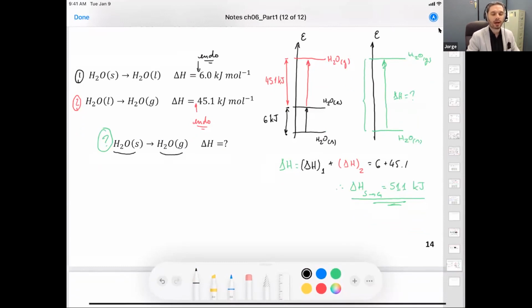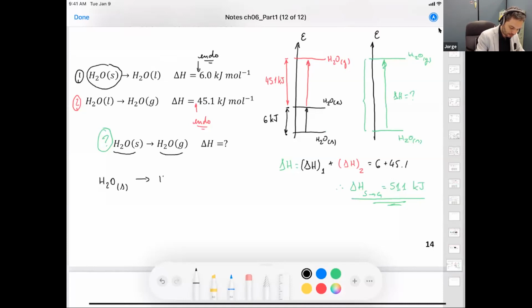Now look at the reactions that are given and let's try to manipulate the reactions in order to get what we need. So let's look at the first reaction. The first reaction has in common with the problem reaction water in the solid state, and it is already in the reagent side. So let's keep the first reaction as it is.